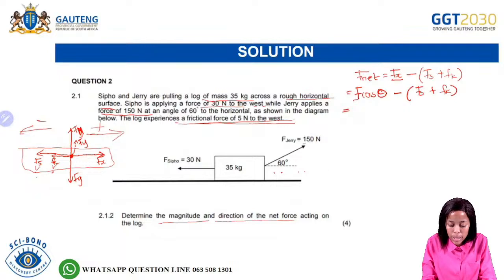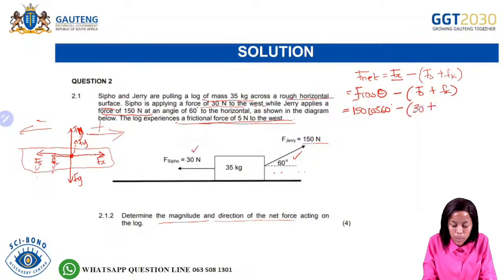We were told that Jerry is applying a force of 150 Newton cos, at a 60-degree angle. And then what force do we have for Sipho there? We were told that Sipho is applying a force of 30 Newton, plus what force do we have for friction? We have 5 Newton.